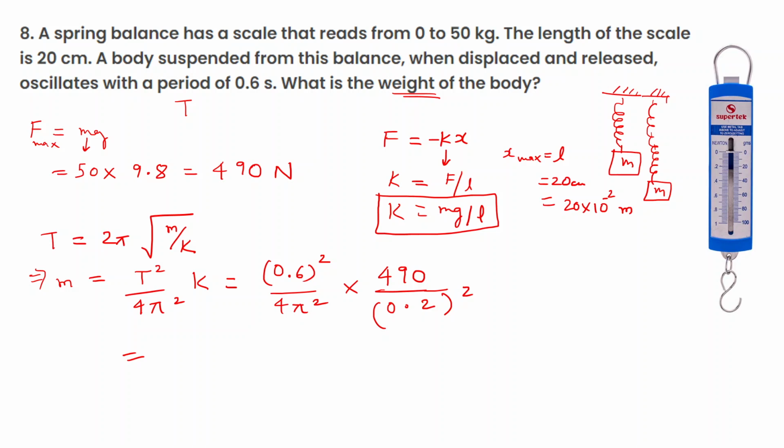So this will be 0.6 times 0.6 divided by 4 pi square, and so on. Okay, so the value of mass that I'm getting here is 22.36 kg.